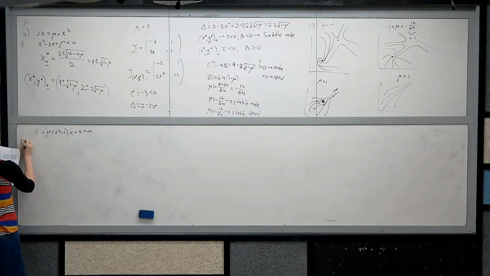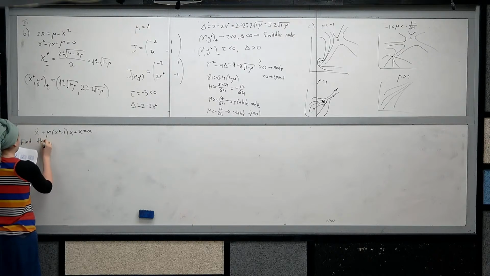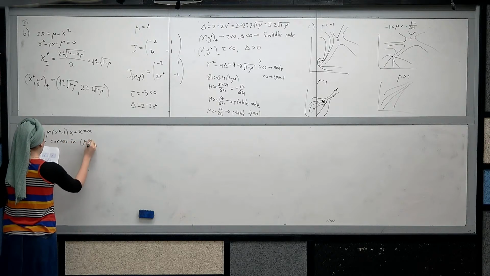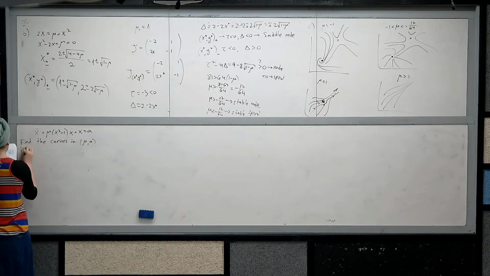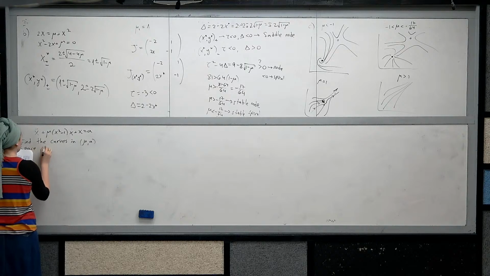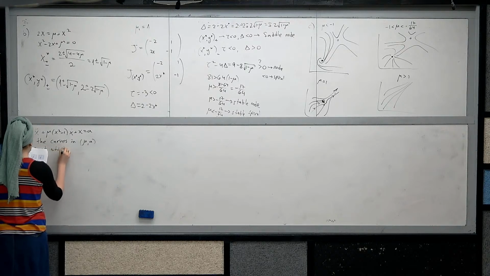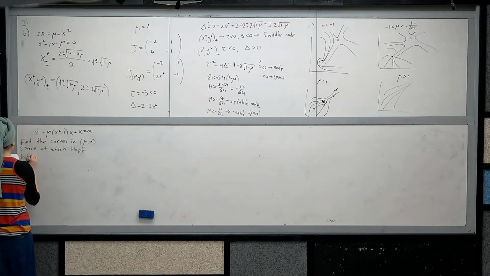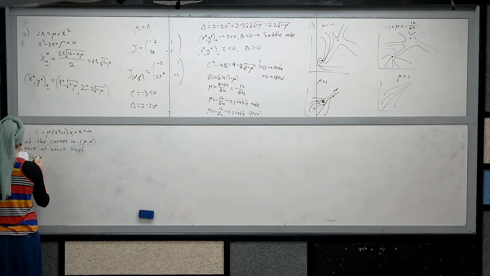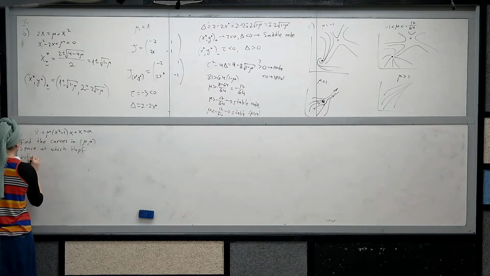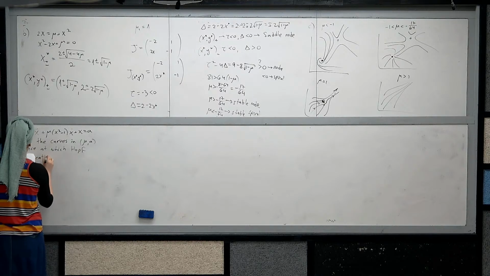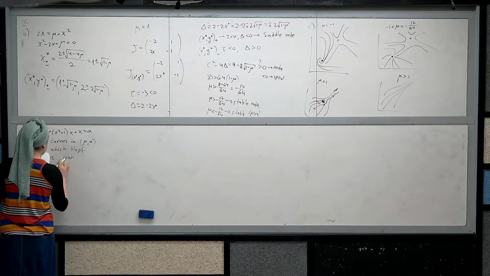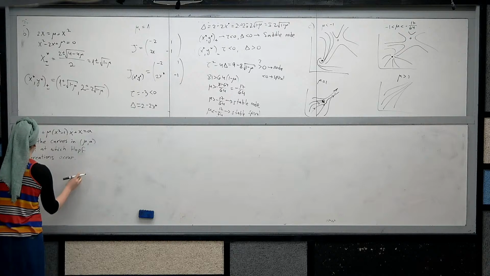Find the curves in mu-a space at which there is a bifurcation.